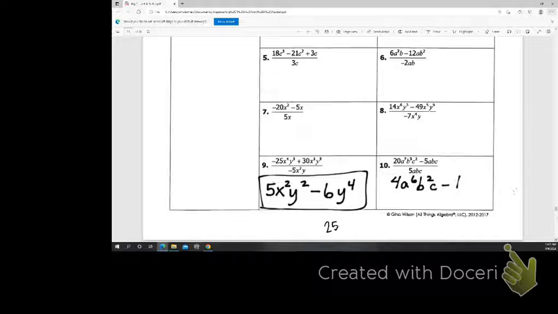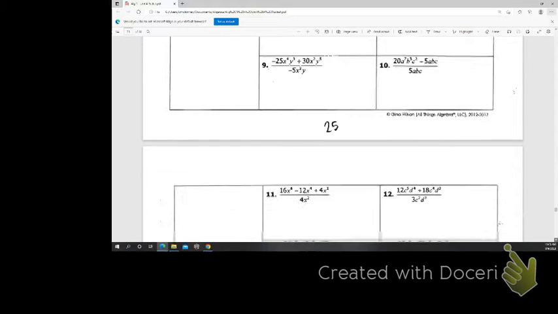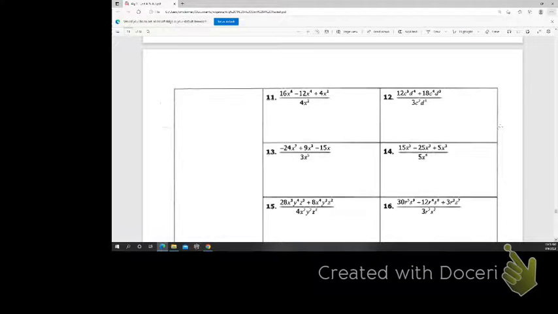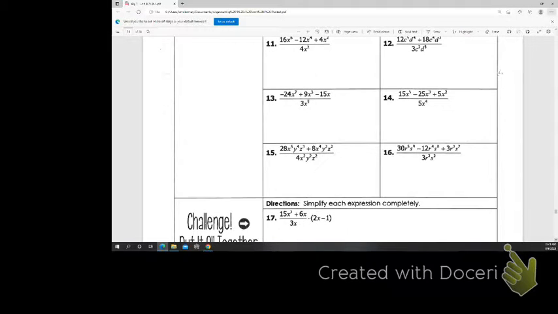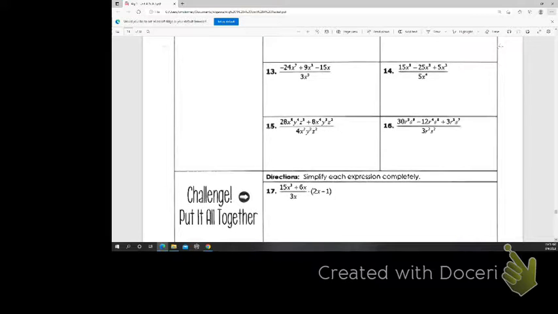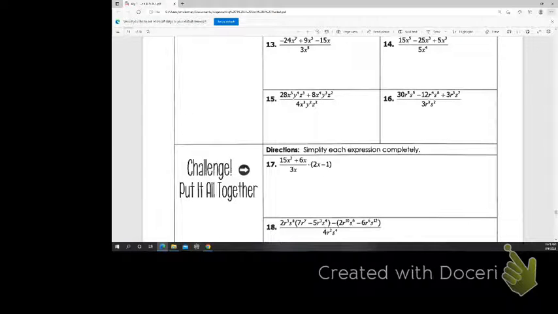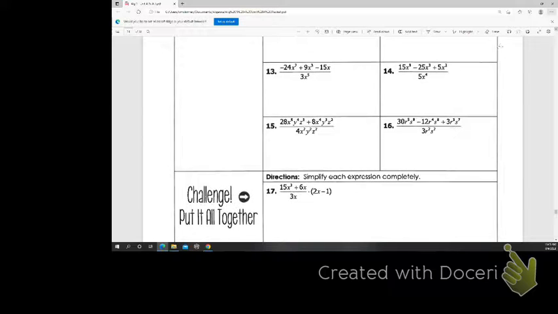Alright, let's switch over to the other page. And you're going to see some things on this page. I want to bring your attention to 13 and 14. Sometimes part of your answer will have a fraction in it still.